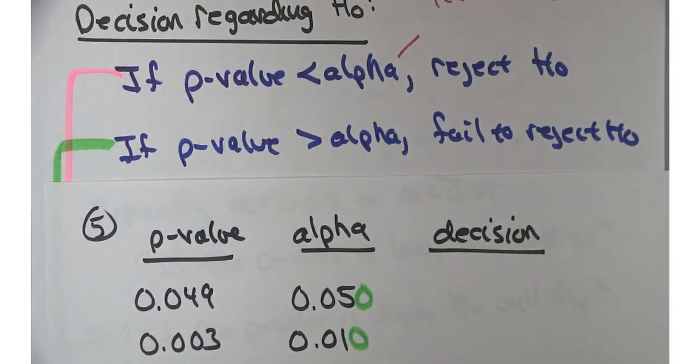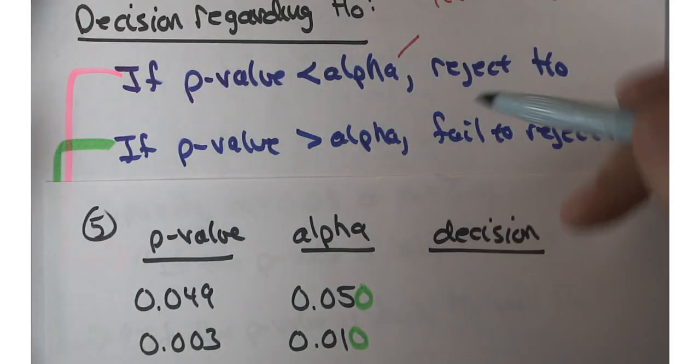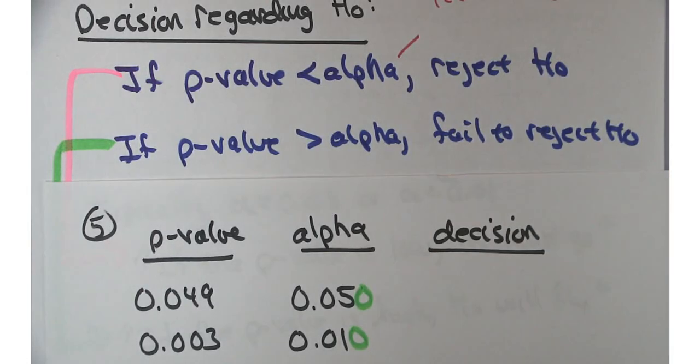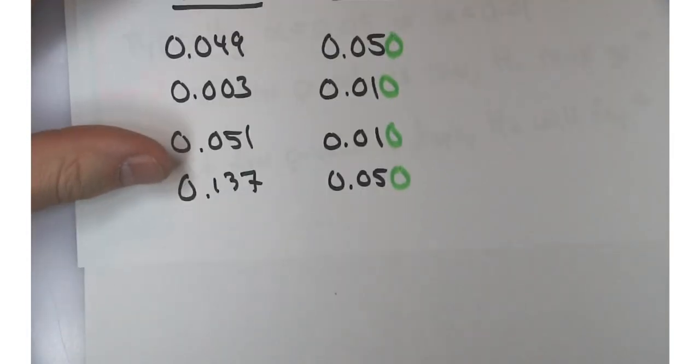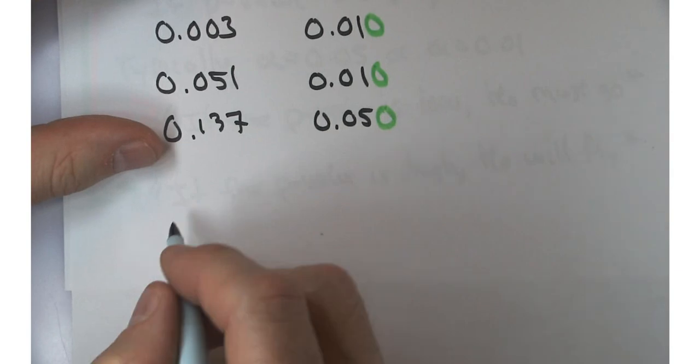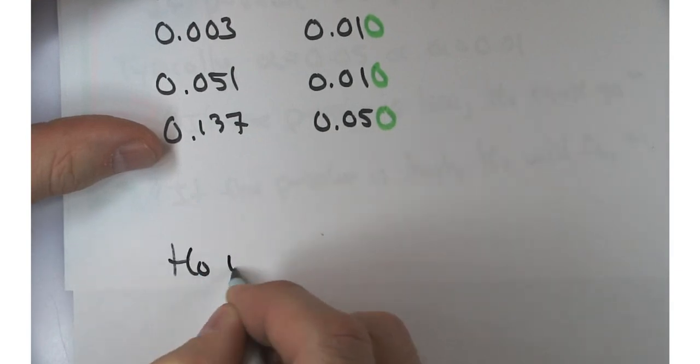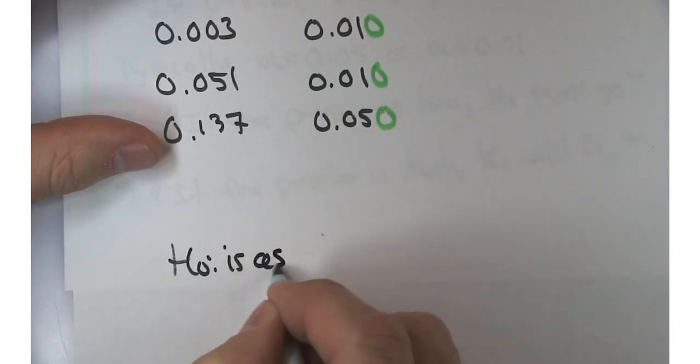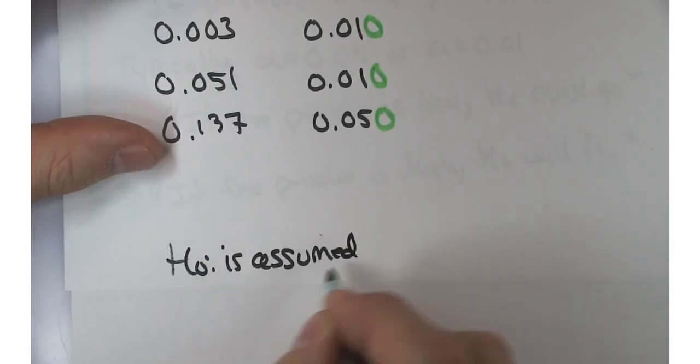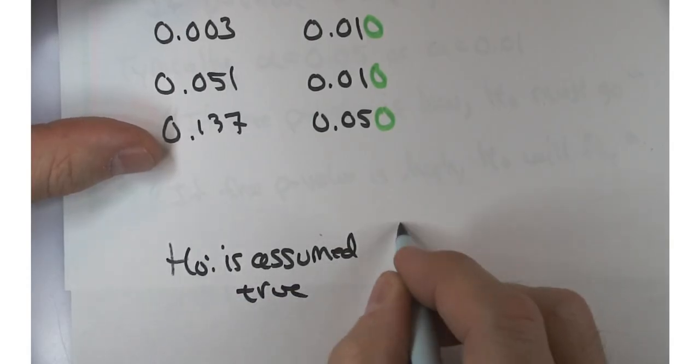Well, let me remind you, or basically tell you, something that is true about these decisions. When you're making these decisions, H naught is assumed true. And HA, that's the alternative.